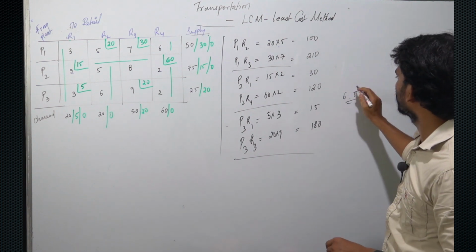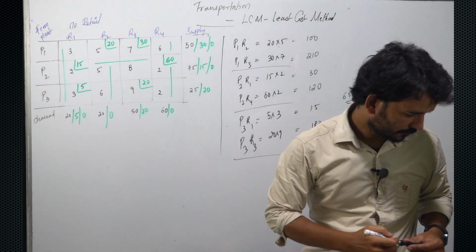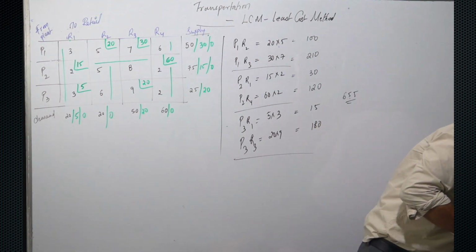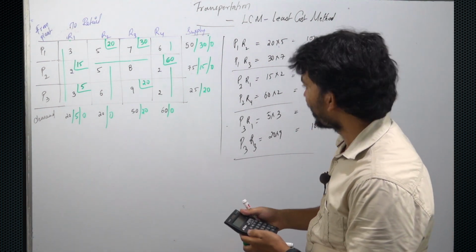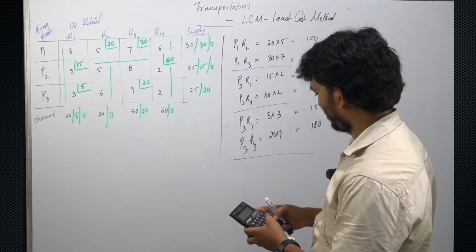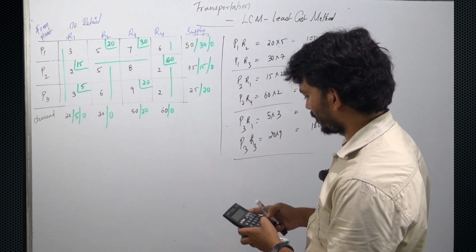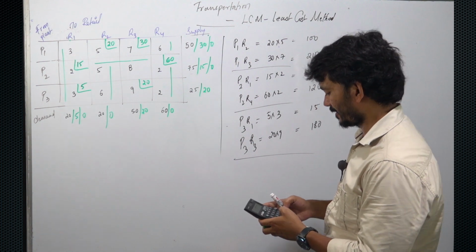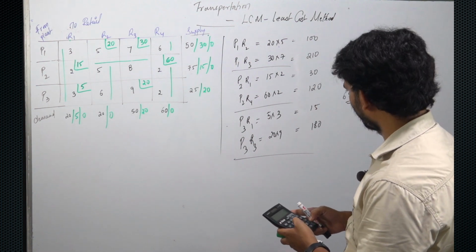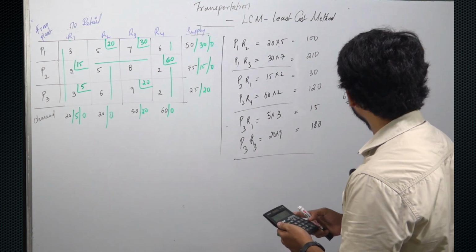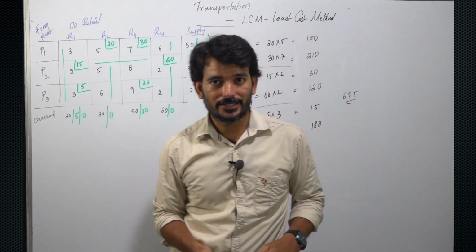Okay, this is 655. We got used to calculating so much that I forgot basic accounting. 655. Okay, so that is the least cost.